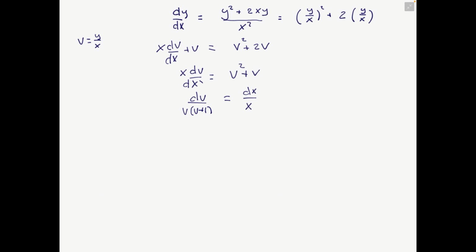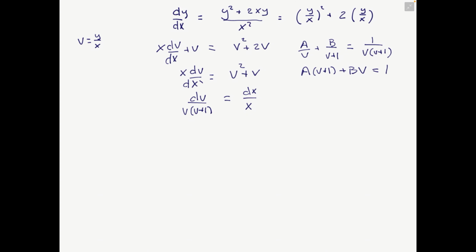by partial fractions. So we say A over v plus B over v plus 1 is equal to 1 over v times v plus 1. Multiply across by that denominator, we get A times v plus 1 plus Bv equals 1.